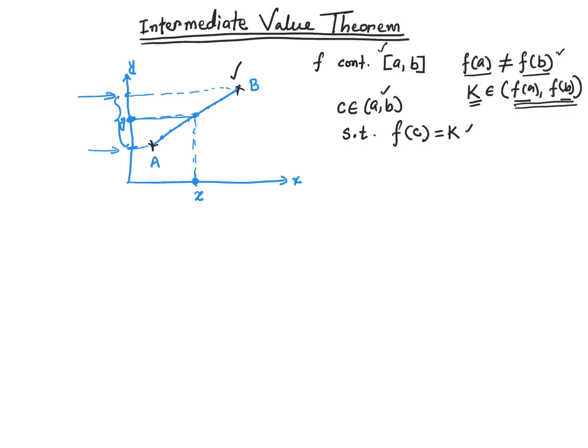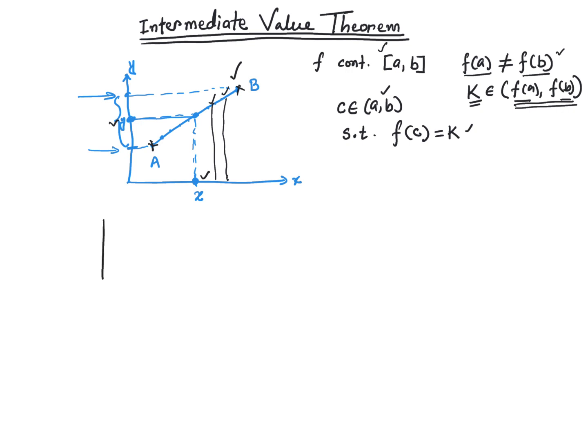And if you pick any point between A and B, there has to be a corresponding x that's going to be going in as an input to the function and giving you the corresponding value y. Or another way of saying the same thing, for every y value on this line, there should be a corresponding x value.